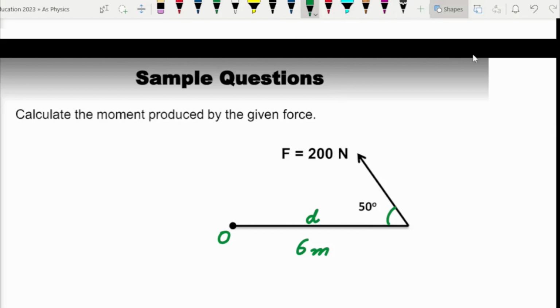This is why we study the topic resolution of vectors in chapter number 1. So we should be able to resolve the force into two perpendicular components. So देखो, the direction of force है ये आ रही है आपकी top left corner में.